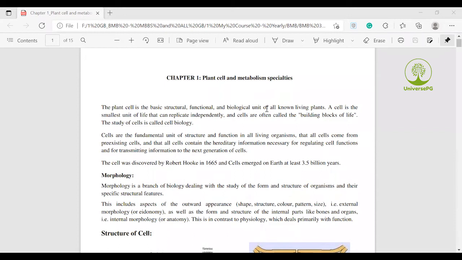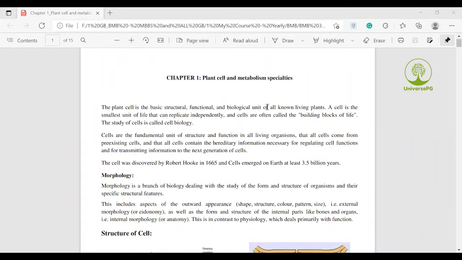So this cell is well organized. In the nucleus we find 5 components: nuclear membrane, nuclear pore, nucleoplasm, nucleolus, and chromatin or chromosome.